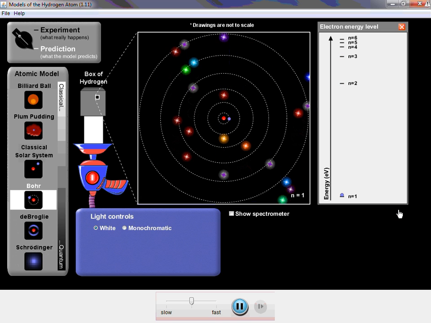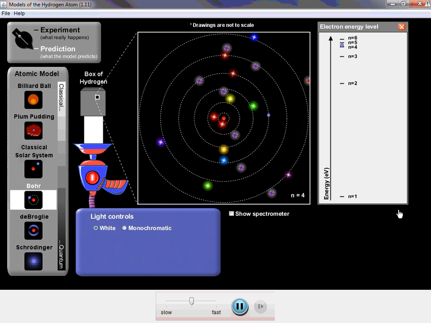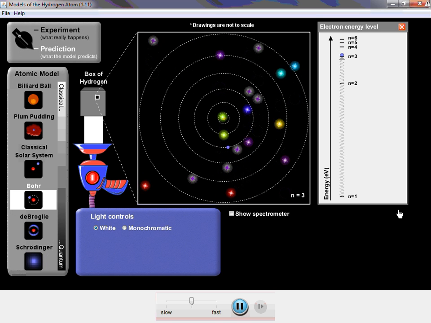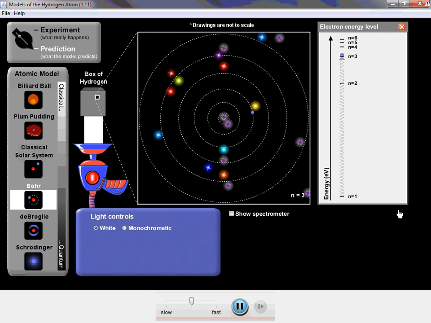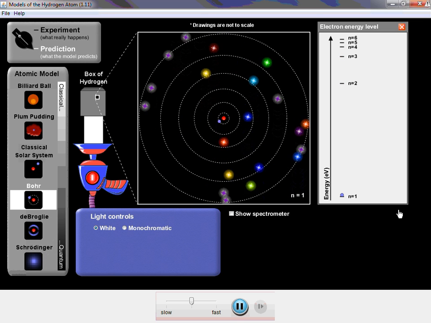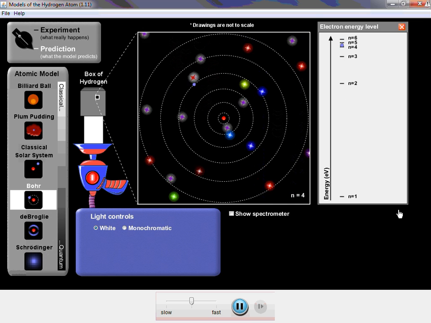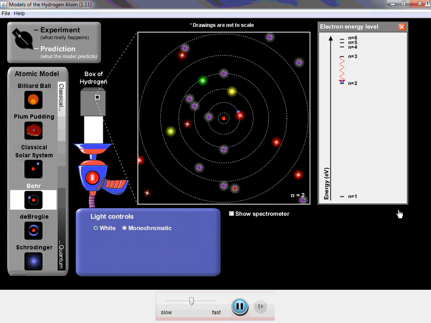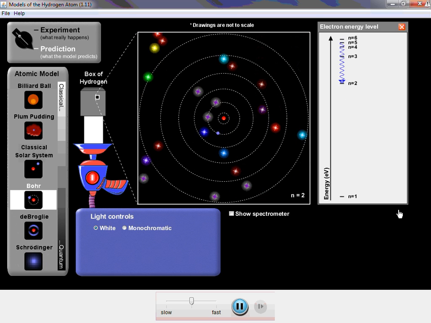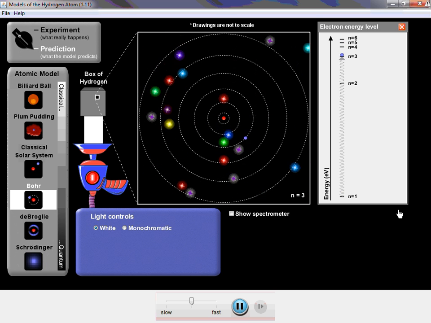Now, here's the part that I need you to remember. When an electron is in an excited state, it will drop down from that excited state to a lower energy level and give off a photon that is worth the exact same amount of energy as the drop.